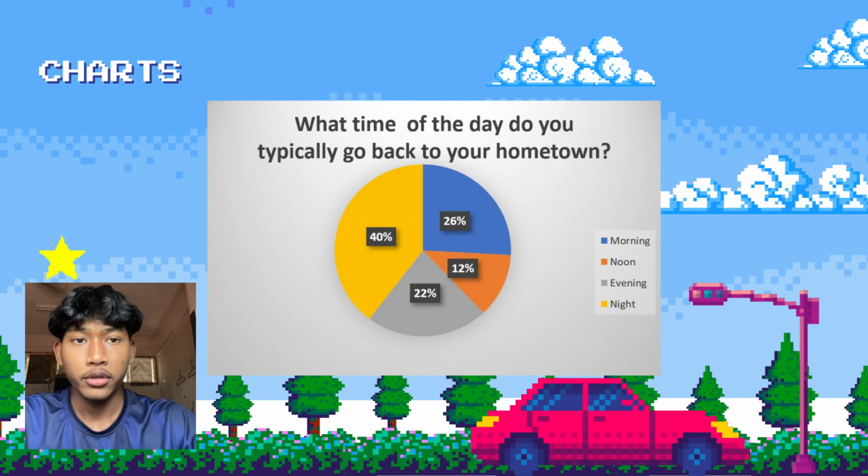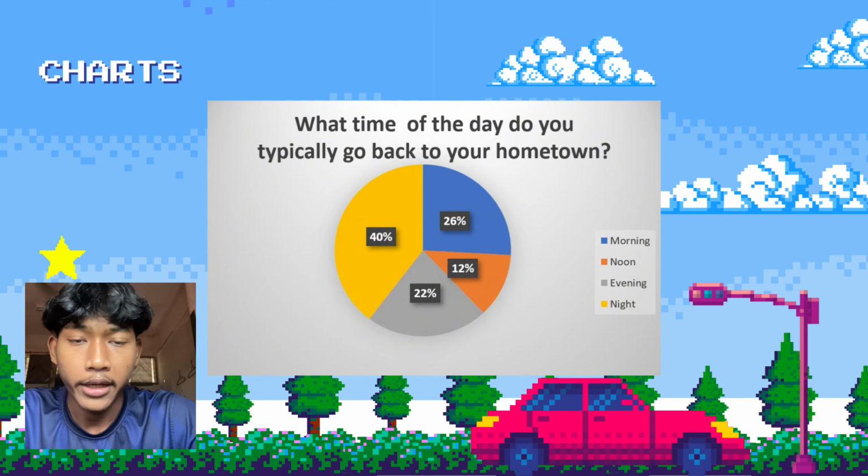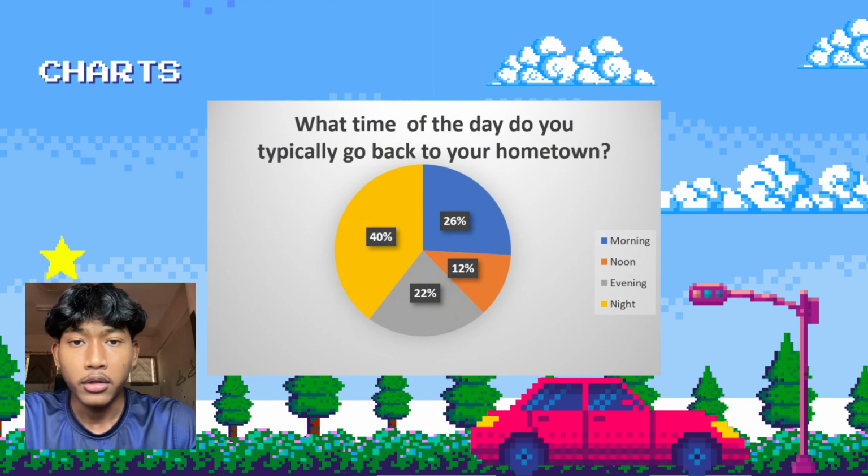The results also show a clear difference for what time of the day AS120 students typically go back to their hometown. The majority, 40%, typically travel at night. Second is 26% who travel in the morning, followed by 22% in the evening, and lastly 12% who travel at noon.